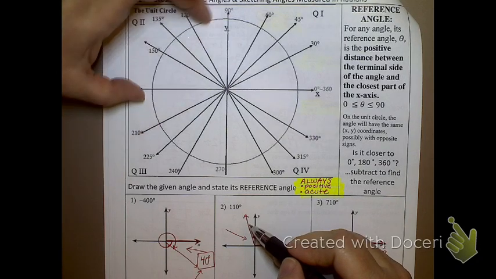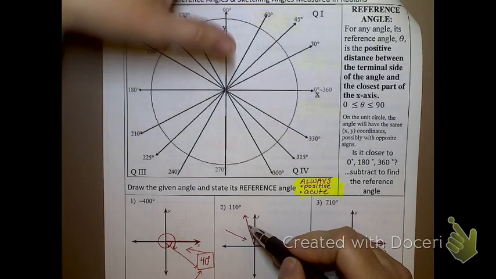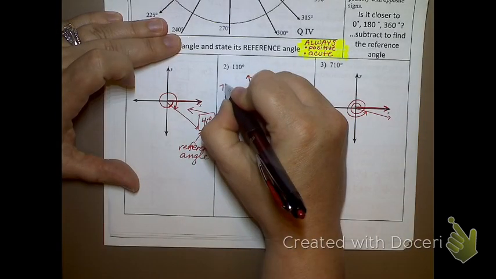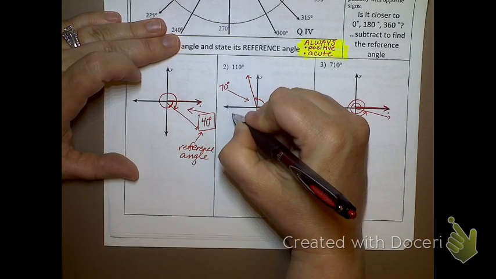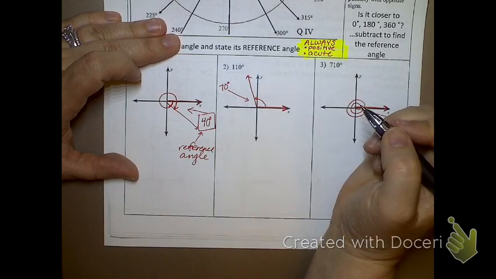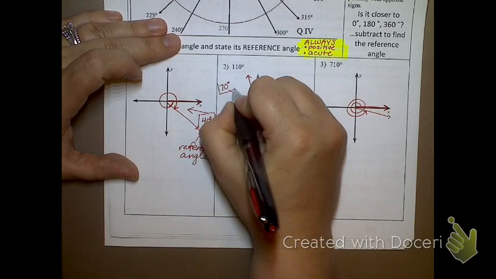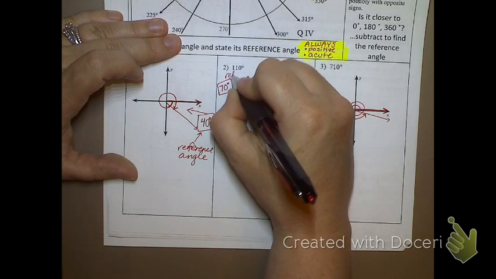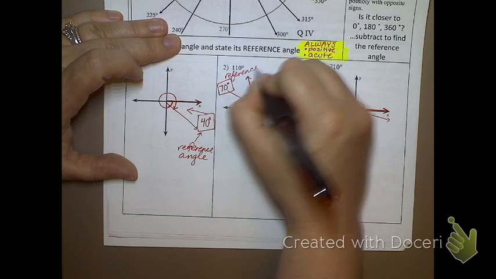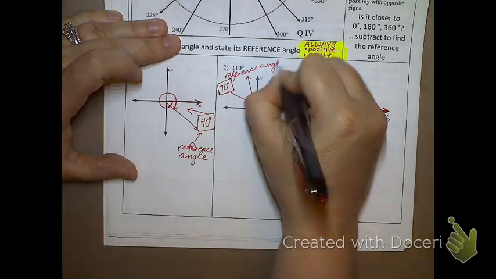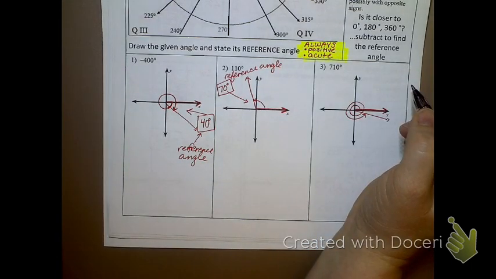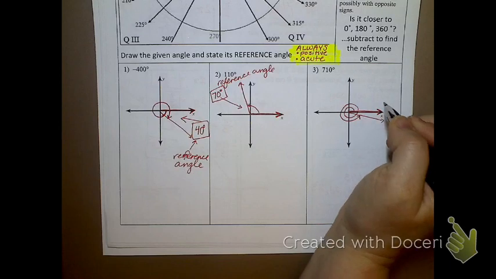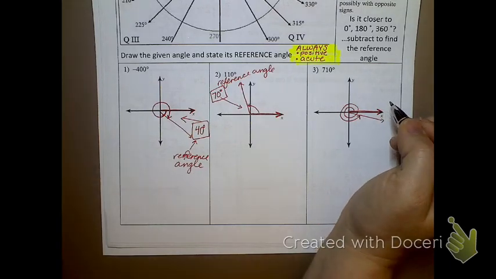So what's that angle measure? 70 degrees. It would need 70 more degrees to get to 180, or to get to that x-axis. So there's my reference angle. Does that kind of make sense? Okay, see if you can figure out the reference angle in number 3.